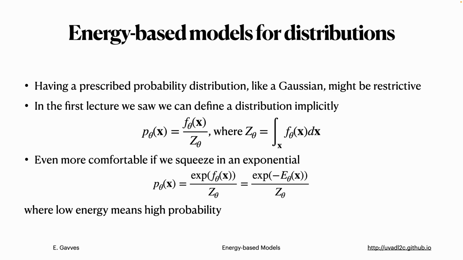Y is f of x, correct? Let's say that this is always positive, which is a requirement to have a valid probability, right? They have to be positive. This is not necessarily a probability yet, because y can be, let's say, 10,000.